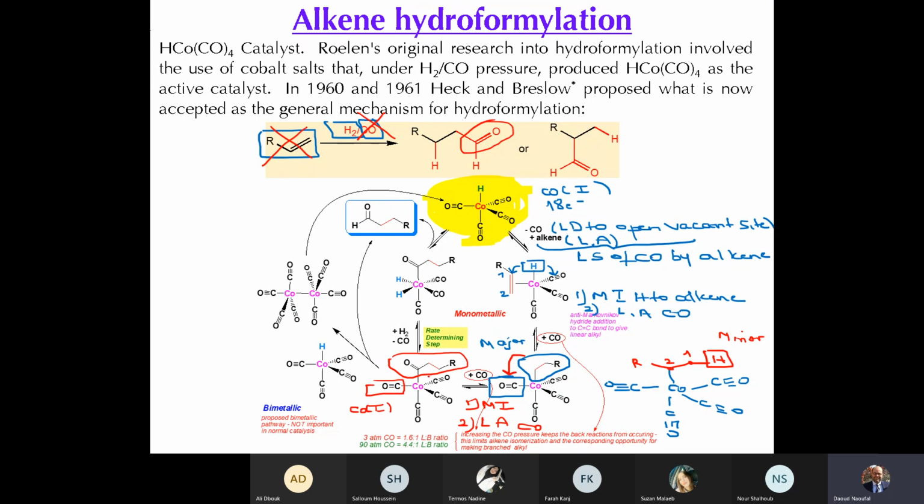Cobalt 1 is the 8. 2, 4, 6, 8, 10. So this is 18 electrons. If I want to add hydrogen by oxidative addition, the reaction now is practically impossible, since the complex is saturated.